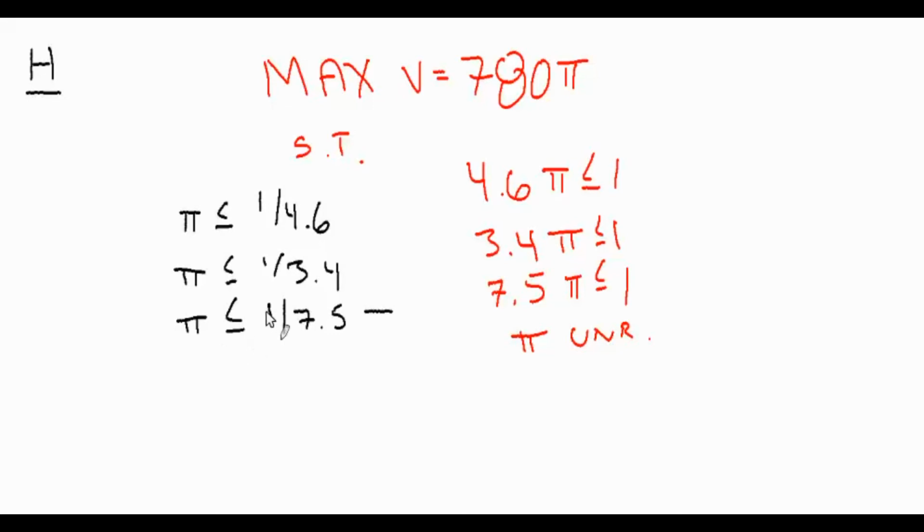Pi is less than or equal to 1 over 7.5. So what that means is that the optimum solution to this problem is pi is equal to 1 over 7.5. And that's approximately 0.13. But we'll write it as a fraction here. 1 over 7.5.